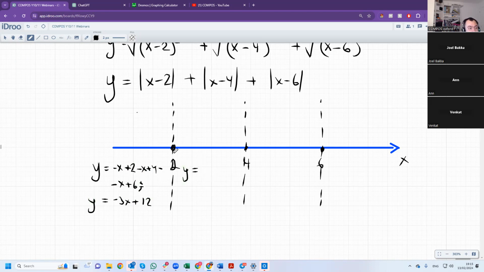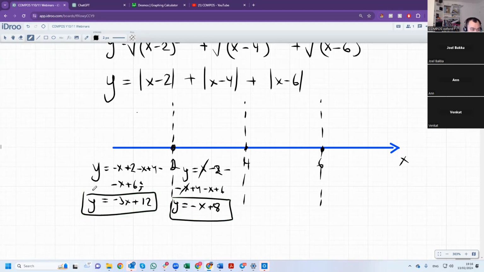Here, x minus 2 is positive and these are negative. So y is x minus 2 minus x plus 4 minus x plus 6, which is, this cancels, y is minus x plus 8. Now, if x is greater than 4, then these two are positive, this one is negative.